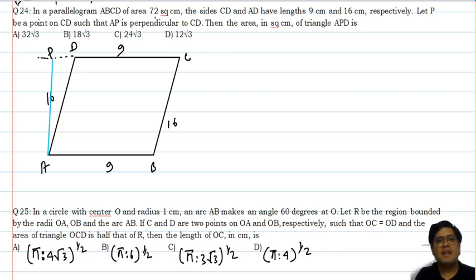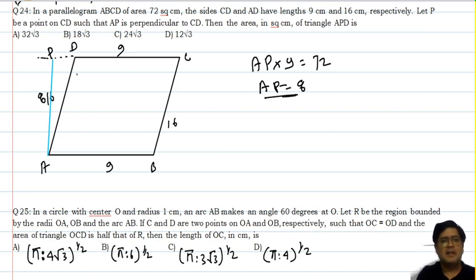Now we have the area of the structure as 72 square centimeters. Very clearly, area of a parallelogram is perpendicular multiplied by the base, that is in this case equal to 72. I directly get the value of AP as 8.